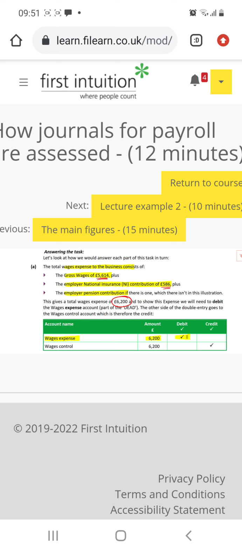On the basis I've debited an expense because it's the cost to the business of employing someone, the other side of the entry has to balance at 6,200 and has to be a credit. The account name to select there would be wages control. So that's how I would do part A using the data we were given.